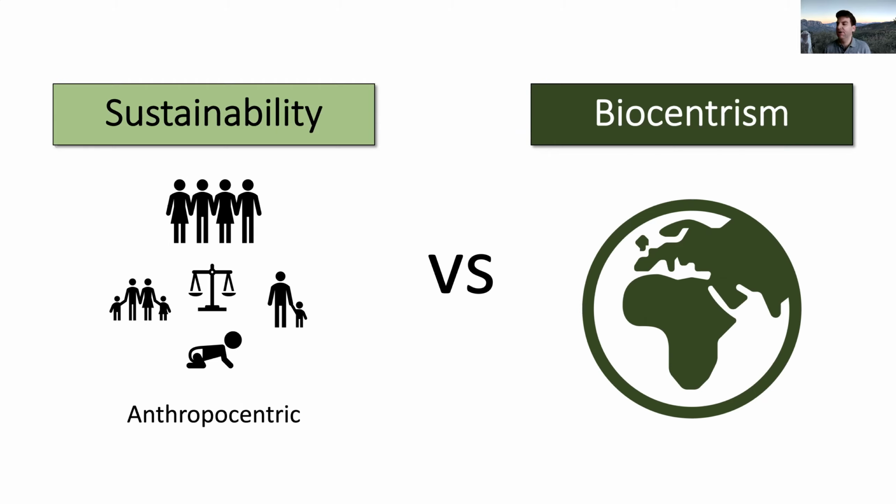That would be a much more biocentric point of view, where it would not be about the welfare of humans, but about the welfare of the planet. And the only way we can evaluate the welfare of the planet is by making sure that it never goes down. That would be a biocentric perspective as opposed to an anthropocentric one.